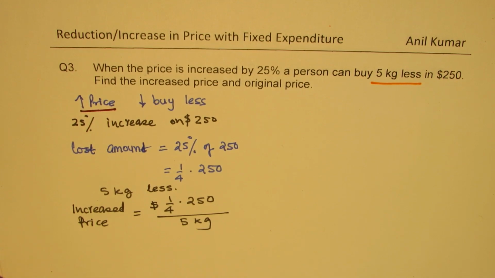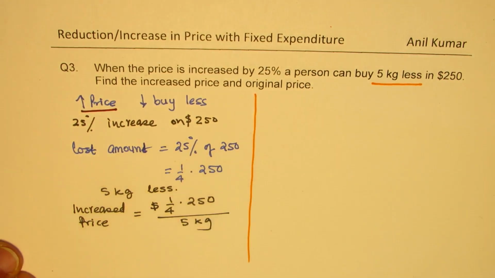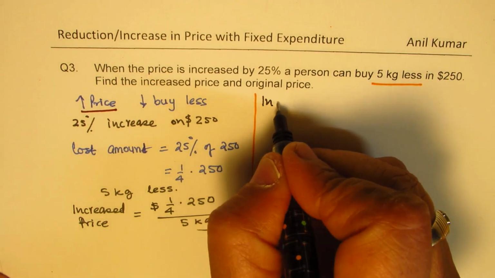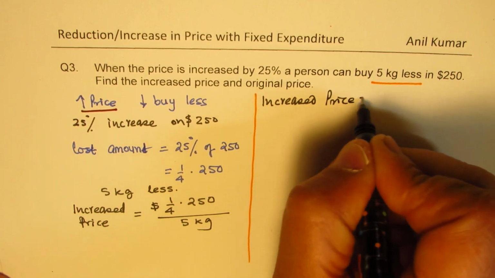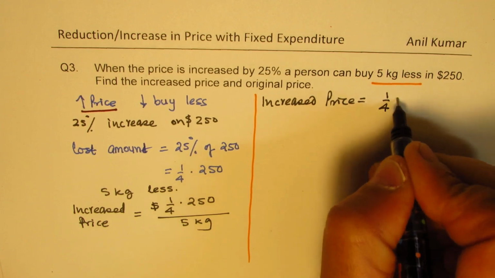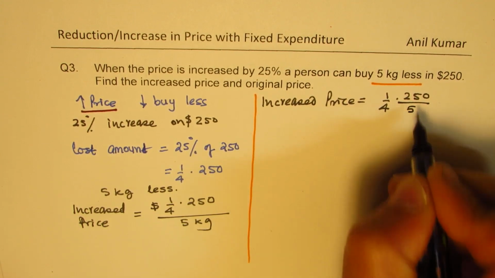You see that? So we get our increased price. Very simple, because we could not buy 5 kg, which we could have bought earlier. Does that make sense? So we get increased price equal to 1/4 of 250 divided by 5.